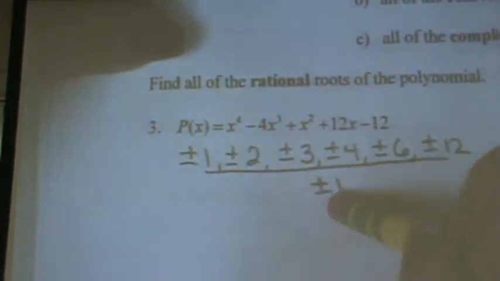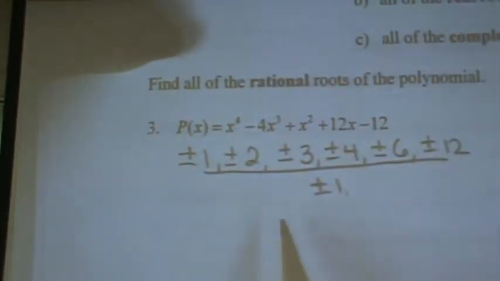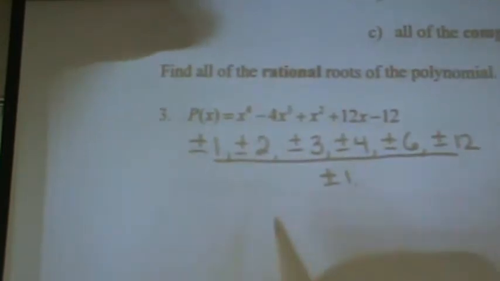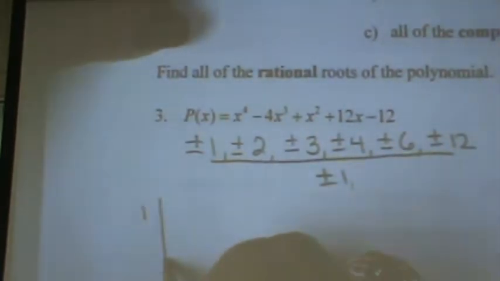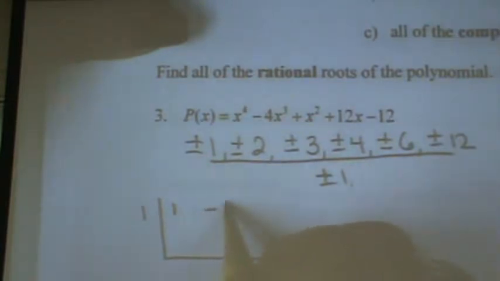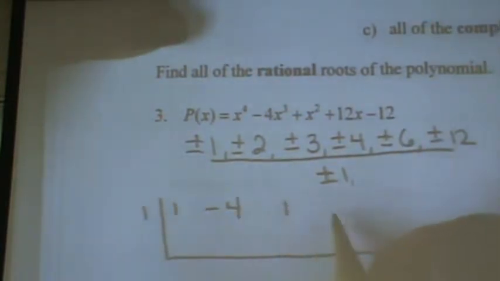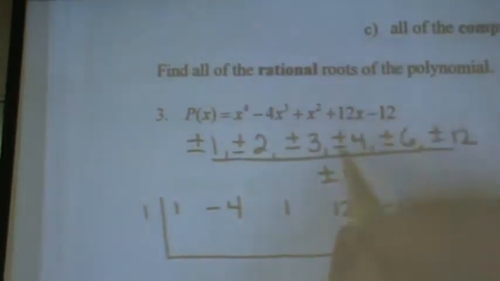So these are my possible zeros. You're going to try probably 1. When you do 1, 1 does not work. You put a 1, a -4, a 1, a 12, and a -12. What are these? These are the coefficients from least to greatest.